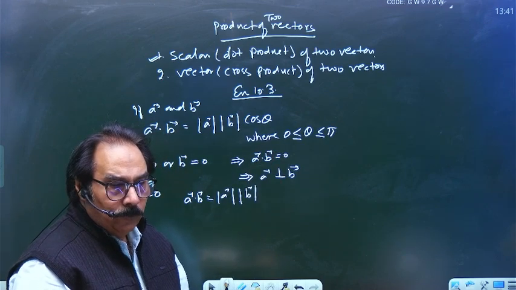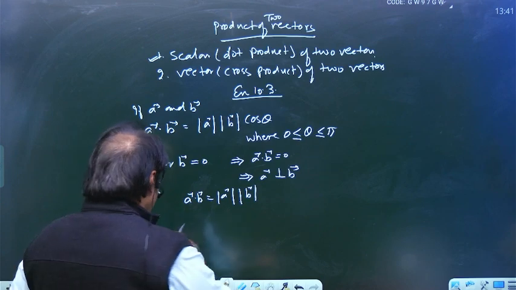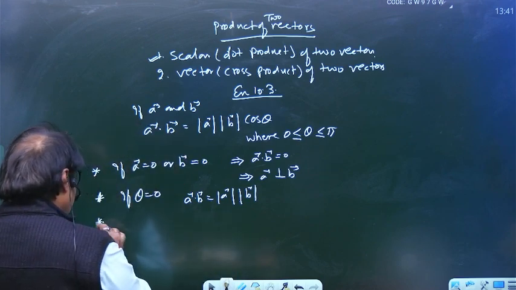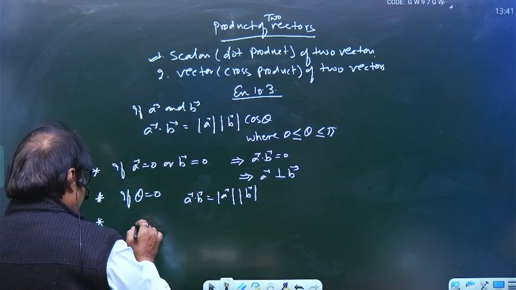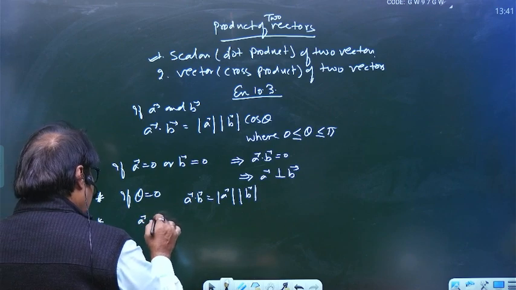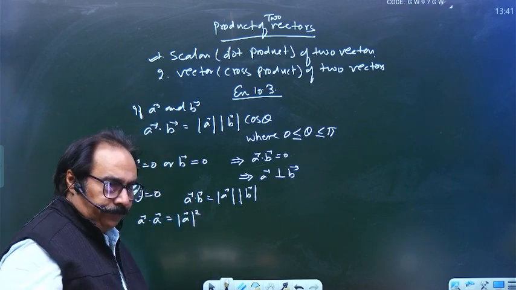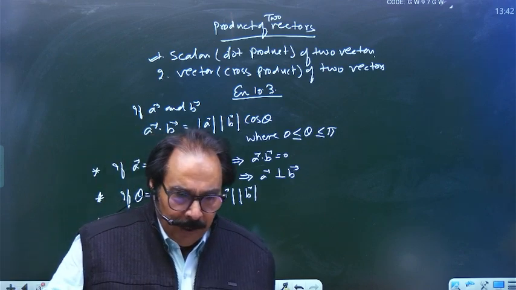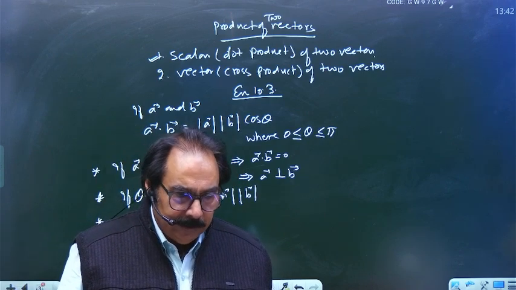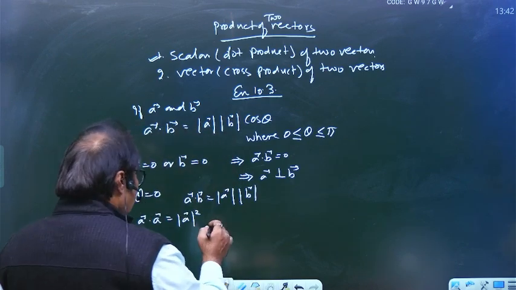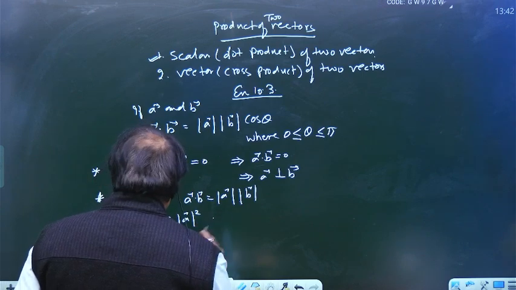In a very particular case, A dot A is equal to magnitude of A squared. In this case again theta is 0.